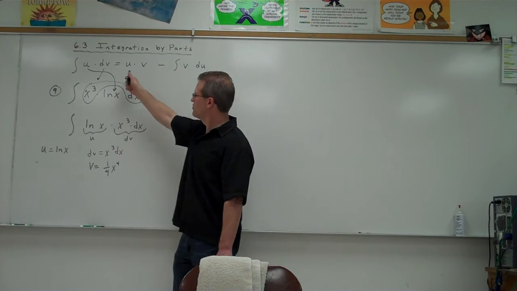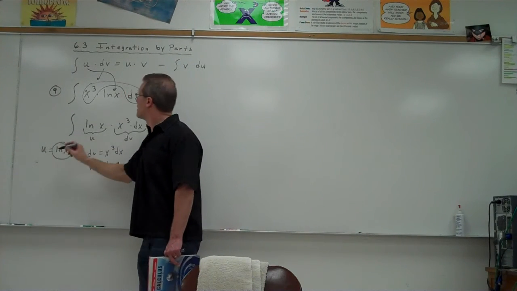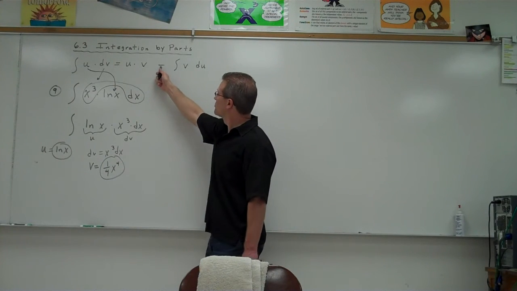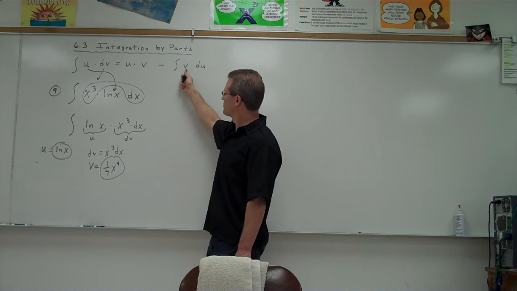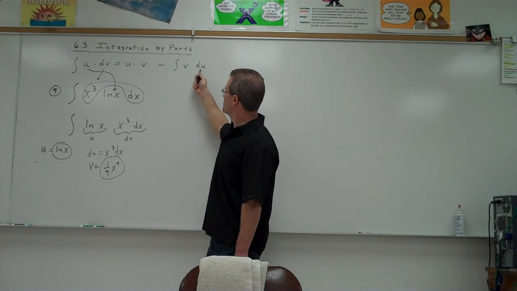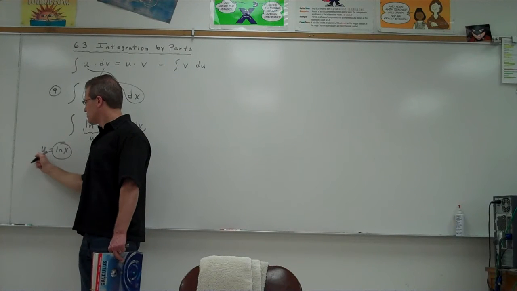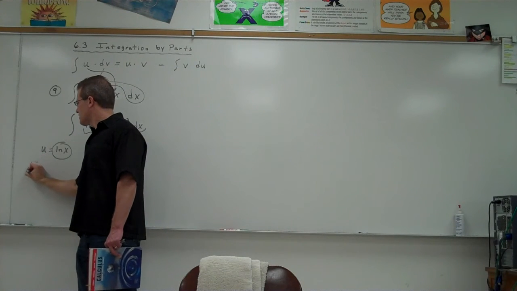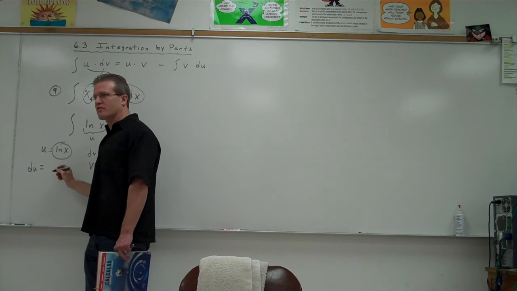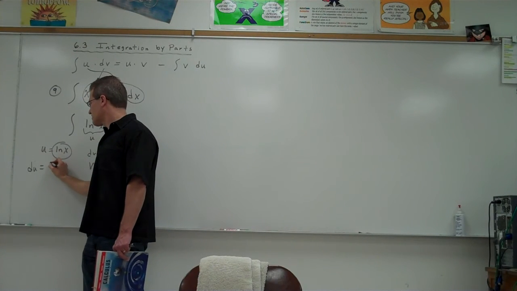So now I have my u, u's here. I have my v, right here. Then I'm going to do minus the integral of v, which I'll be able to do, times du. I do need to know what du is. Du would be the derivative of u here. So du would equal the derivative of natural log of x. You know what that is? 1 over x times dx.